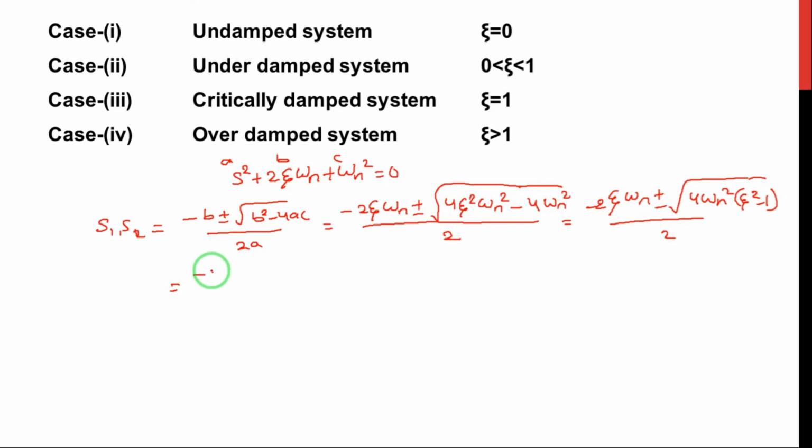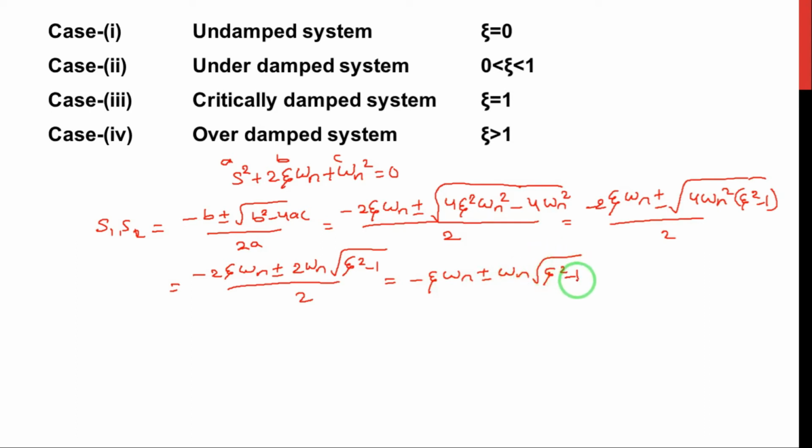So minus 2 zeta omega n plus or minus, taking 4 omega n square out of the root gives 2 omega n, right? Root zeta square minus 1 divided by 2. After that it becomes minus zeta omega n plus or minus omega n into root zeta square minus 1. This is the final roots of the transfer function.